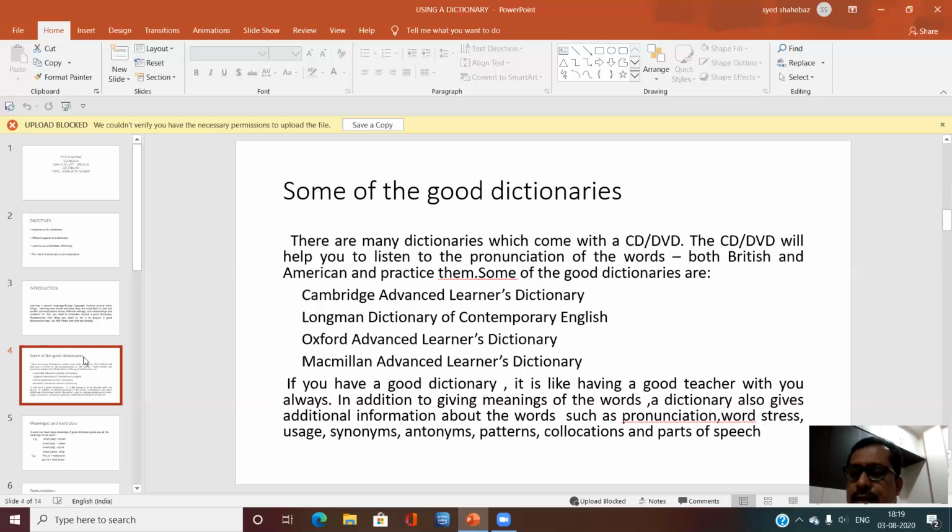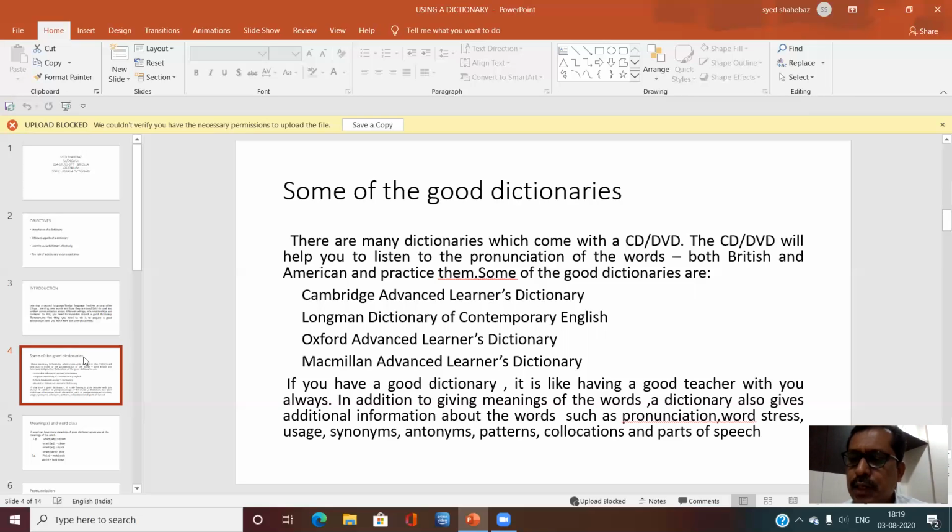So CDs and DVDs that come along with the dictionary help the student a lot in the correct pronunciation of the words, both British and American pronunciation.